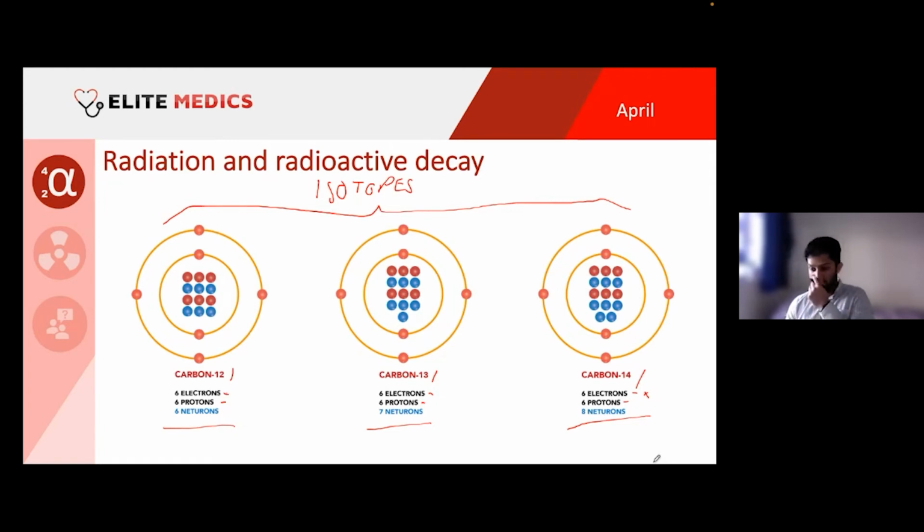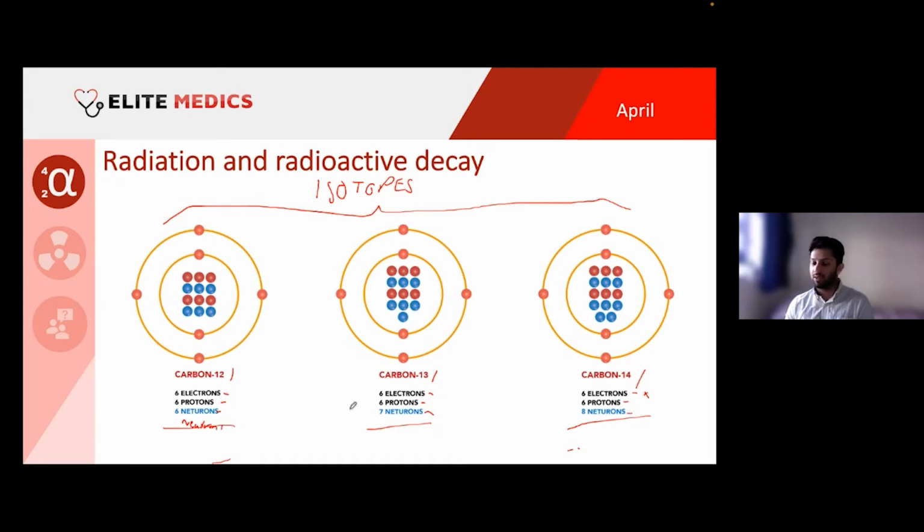So the thing that is different between each of these different atoms is the number of neutrons. Okay, number of neutrons. So it will be 6 neutrons, 7 neutrons, and 8 neutrons.